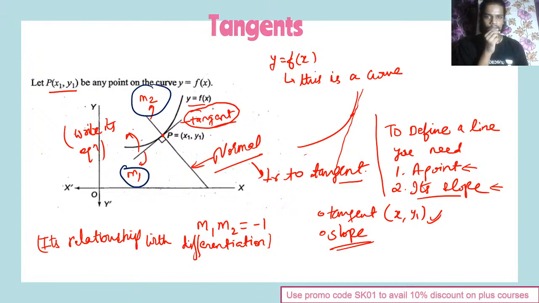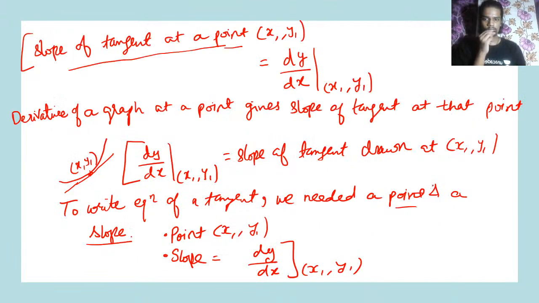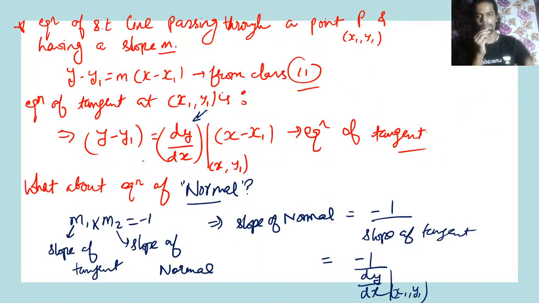Point is already given, point is x1 comma y1. What about its slope? Slope of a tangent at a point is dy by dx evaluated at x1 comma y1. Okay, so this is the explanation. Fine. So equation of a straight line passing through a point P having a slope m is y minus y1 equals m times x minus x1.